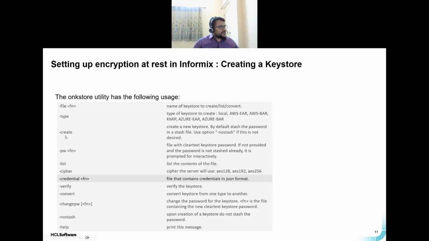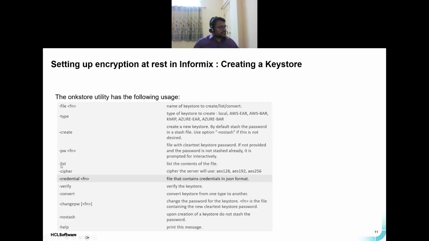And -create option to create the new key store. By default, the password is stashed in the stash file. And if you give the -nostash option, the password is not stashed in the stash file. And -pw option to give the password as input to onkstore.